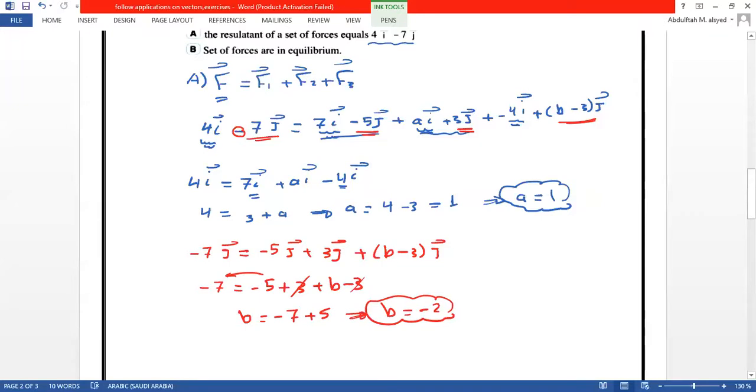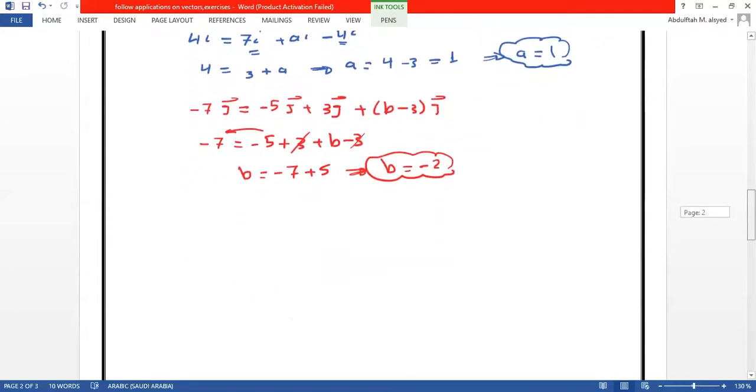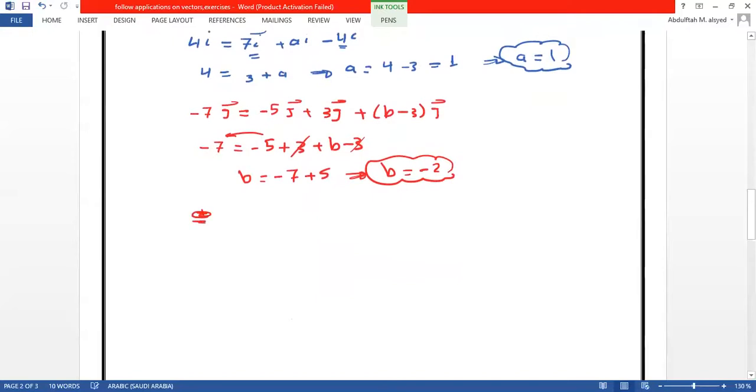Also, in the second question, a set of forces are in equilibrium. A set of forces are in equilibrium if the resultant force equals 0.